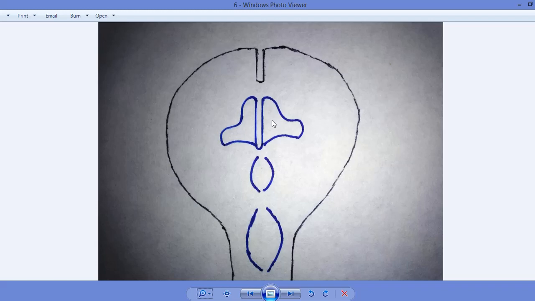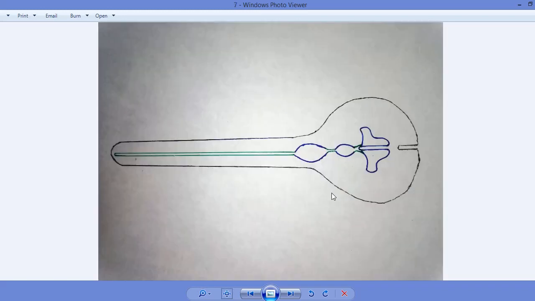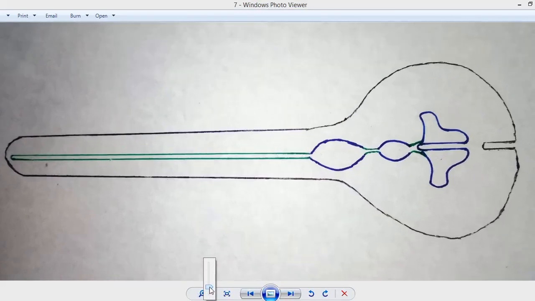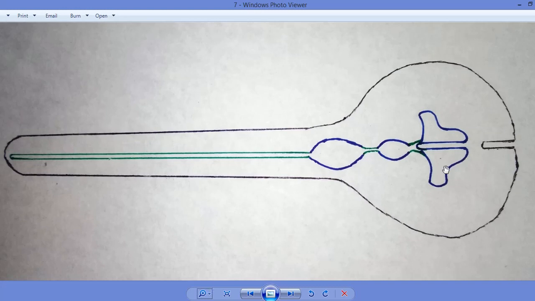Now, in this slide, this is a very important slide, you should focus on this slide very attentively. Over here this is the third ventricle and these are the lateral ventricles.